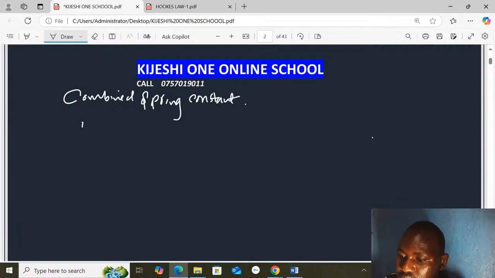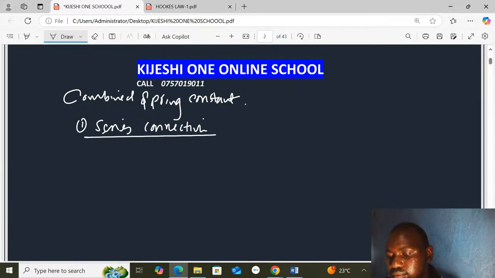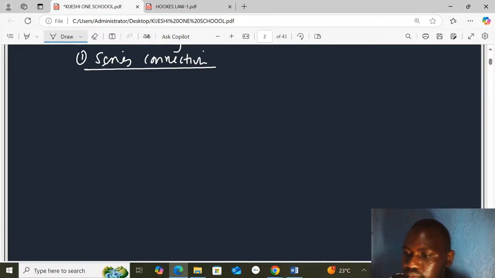And we'll start with series connection. Then, as usual, I usually say consider two identical springs that are connected in this manner.